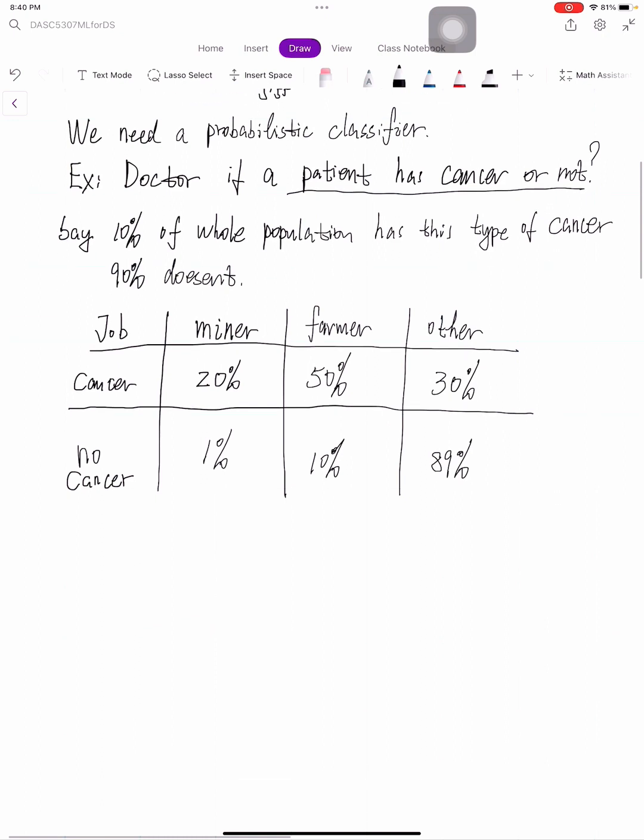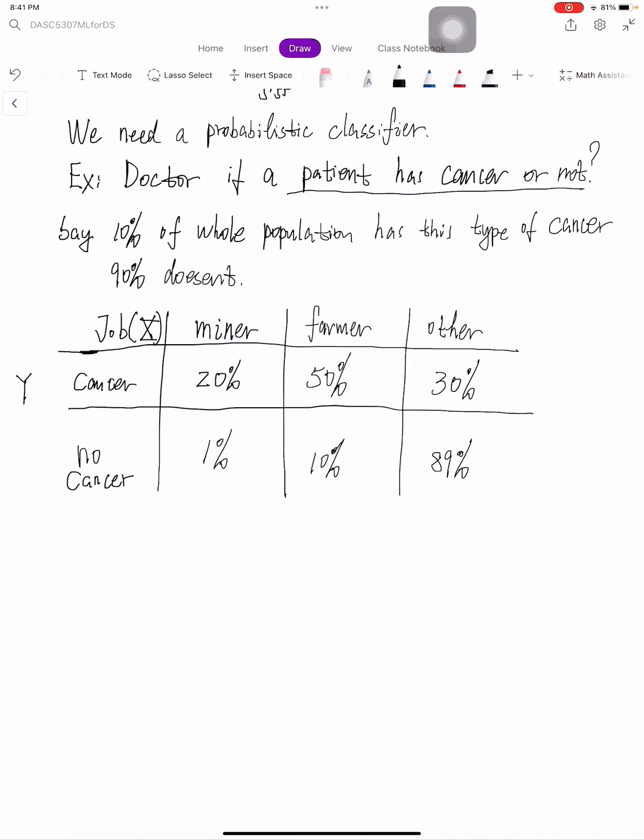So this is just a fake example I made up. In reality, I think the ratio of cancer patients will be much smaller, not 10%. I just made up this example. But can the doctor guess when a new patient comes in?